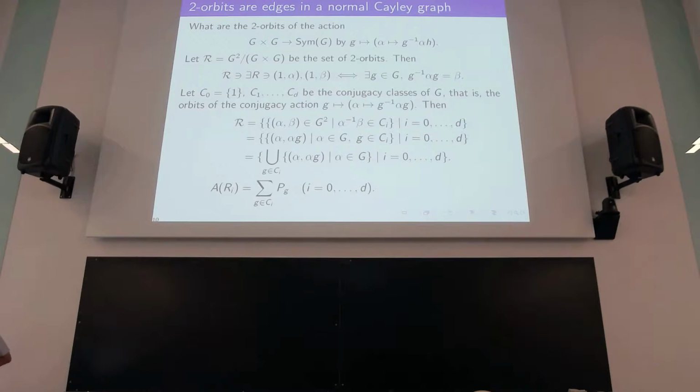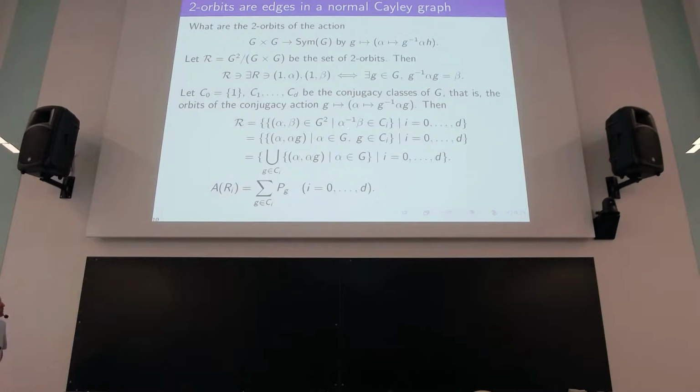And then I can describe the two orbits of this two-sided action, because the two orbits consist of those pairs alpha, beta such that alpha inverse beta belongs to some conjugacy class. Well, it may not be immediately clear from this description, but take alpha to be identity.